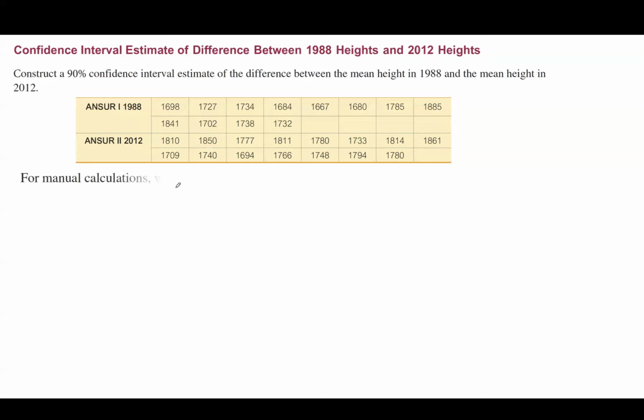For manual calculations, we're going to first find the value of the margin of error. In order to find the value for the margin of error, we need to find the critical value. Remember that we don't have any information about population variances or standard deviation.